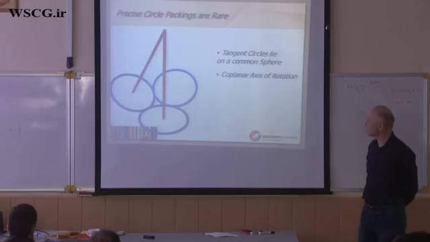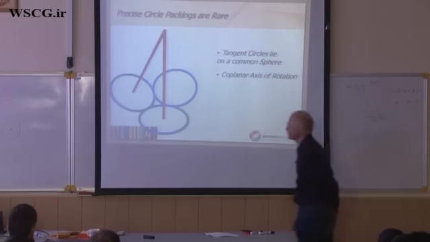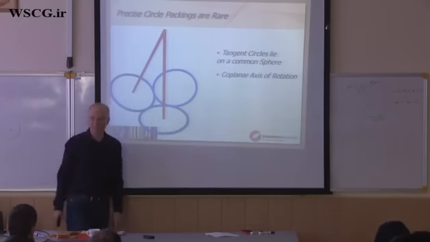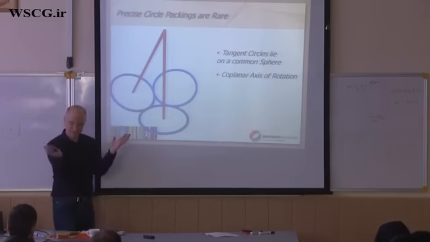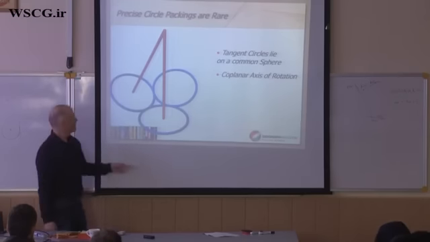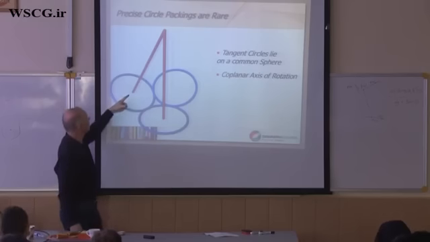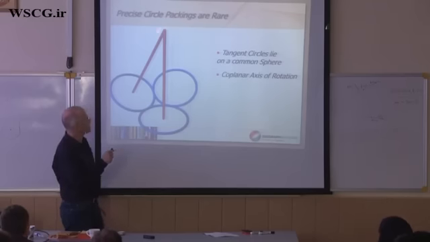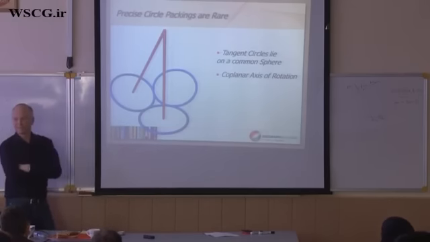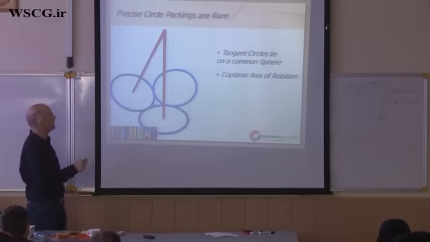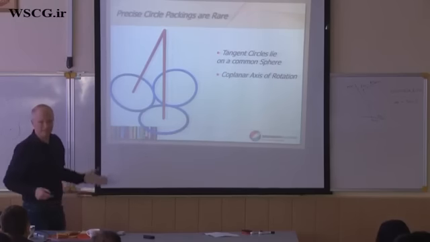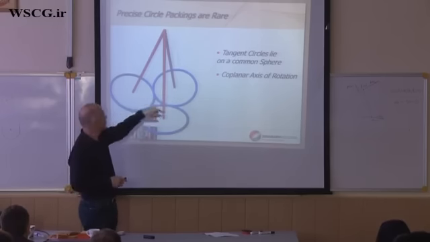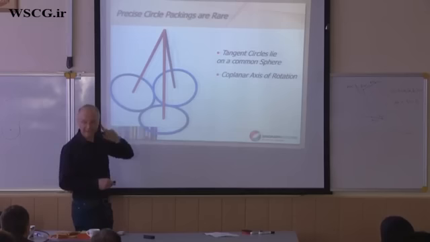If two circles are in contact, this circle is tangent to this circle, then in a 3D configuration, not in one plane, the rotational axis of this circle and the rotational axis of the other circle must intersect. This is just by symmetry with respect to this middle plane. This is obvious. Yeah? And then if we have another circle touching these two, it again must intersect.